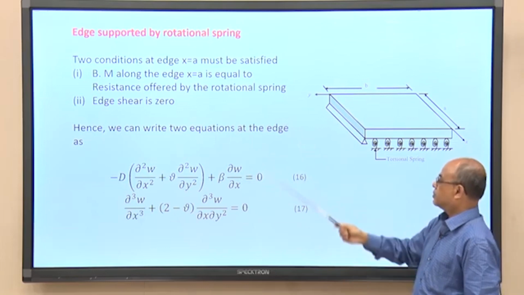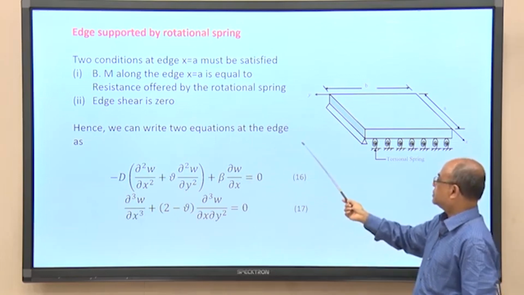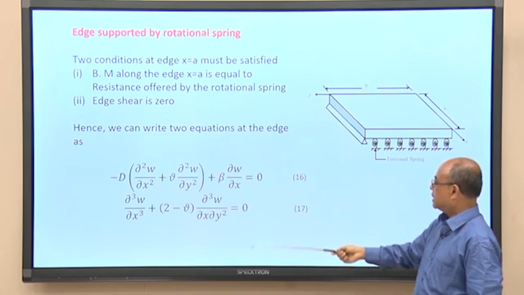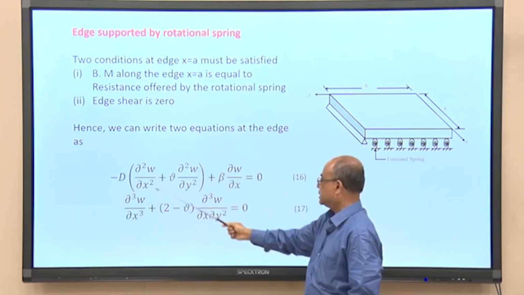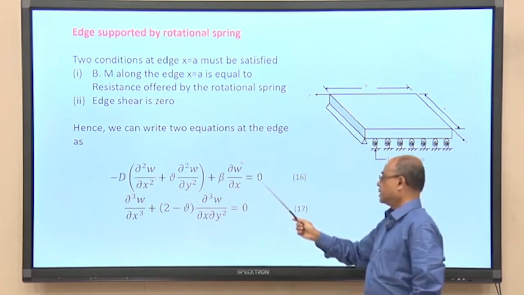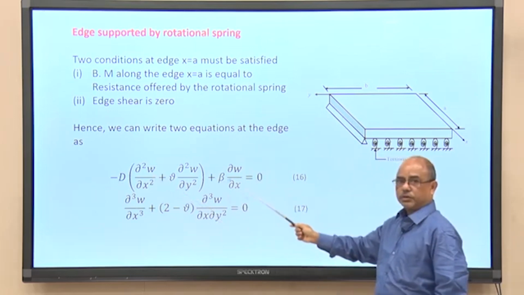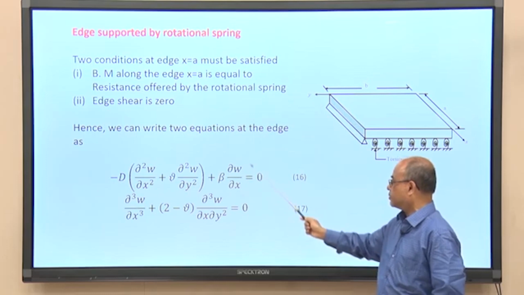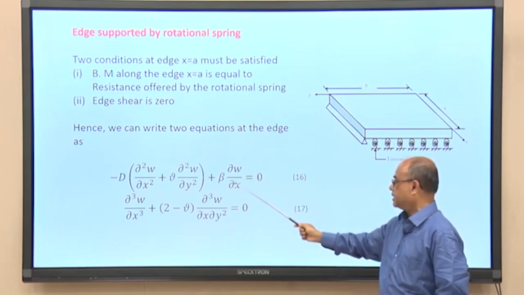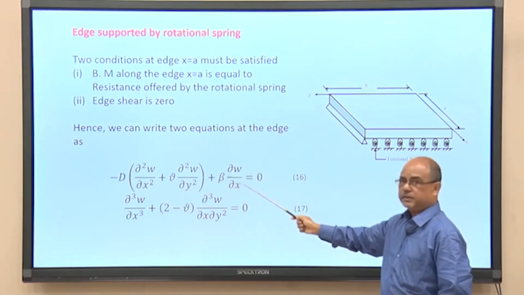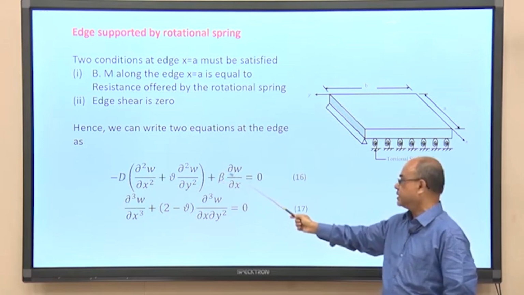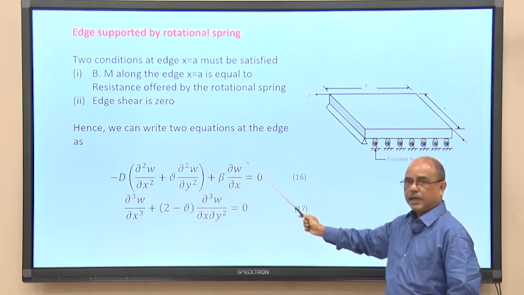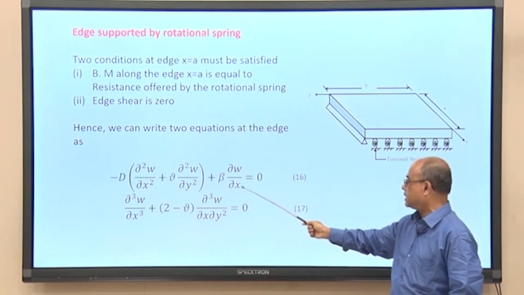Hence we can write two equations at the edges. One is this bending moment, plus this is the rotational or torsional resistance offered by the spring. Beta is the torsional constant or rotational spring constant that we take, multiplied by the angle of rotation, dw by dx.